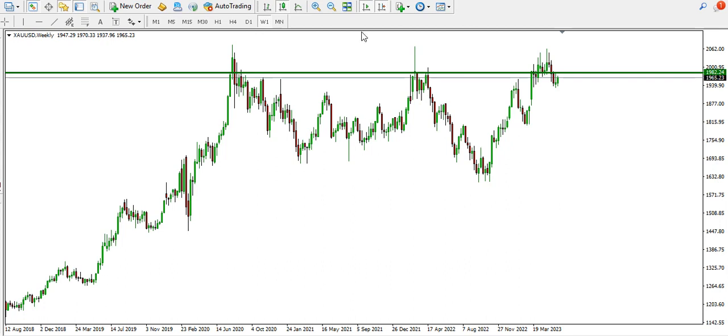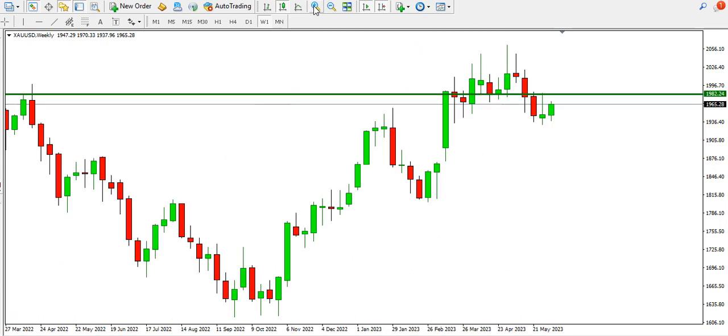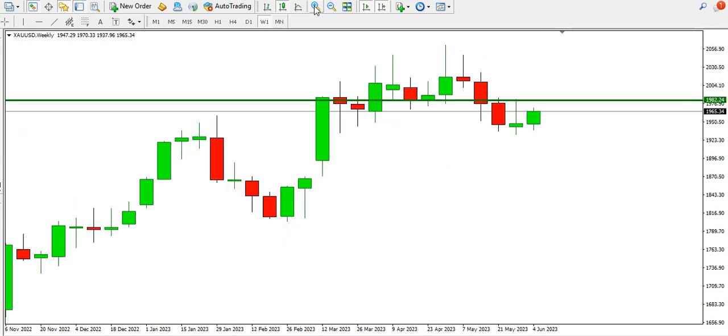So I'll be starting with gold on the weekly time frame. Today is the last day of the week, and we have price of gold forming what we can call a morning star candlestick pattern.